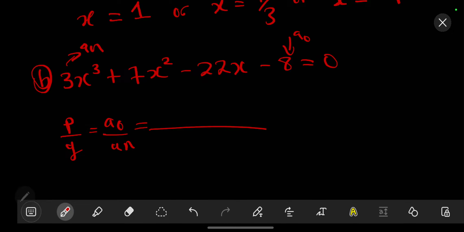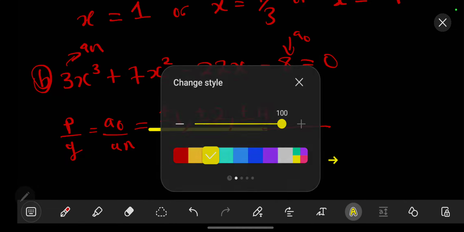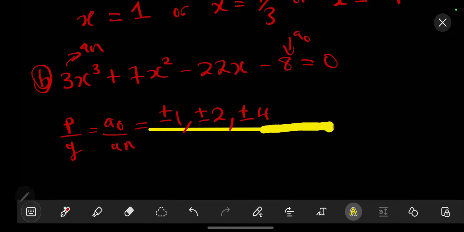So the possible roots are such that for the 8 we have plus or minus 1, or plus or minus 2, all these can enter into 8, and plus or minus 4, then also plus or minus 8.